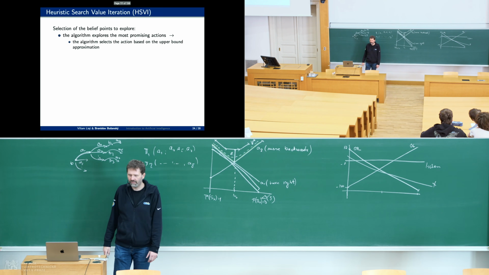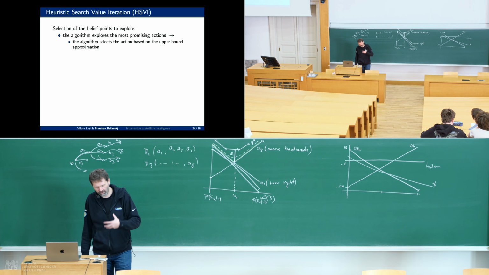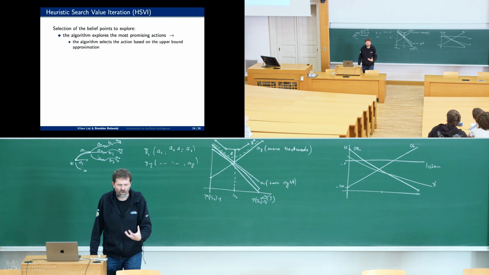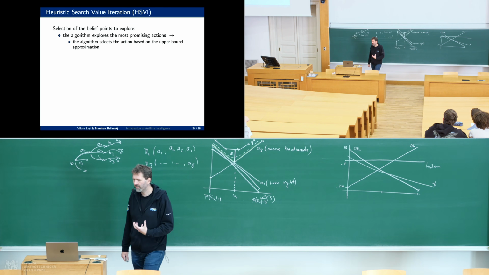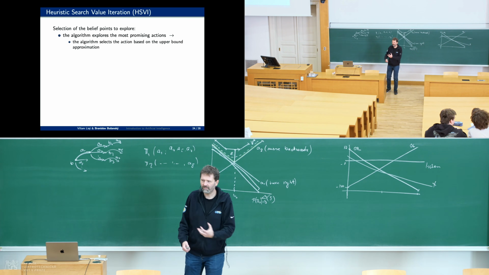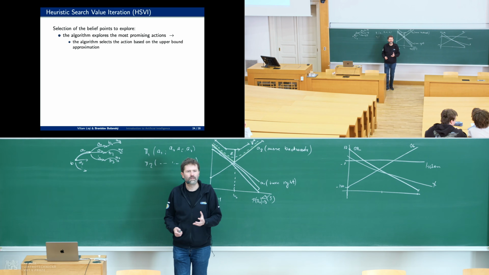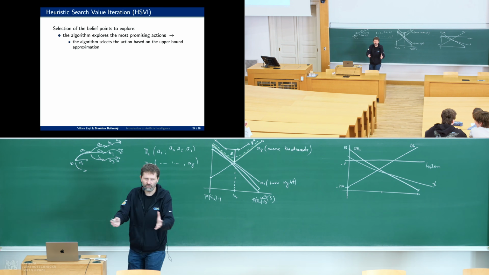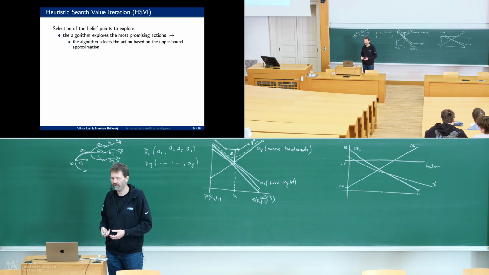So this is how the algorithm looks when you visualize it. And the whole structure of the algorithm is again very common in AI, because similarly to search, similar to A star, also here the algorithm is searching through the most promising actions, because the search is driven by the upper bound, right?